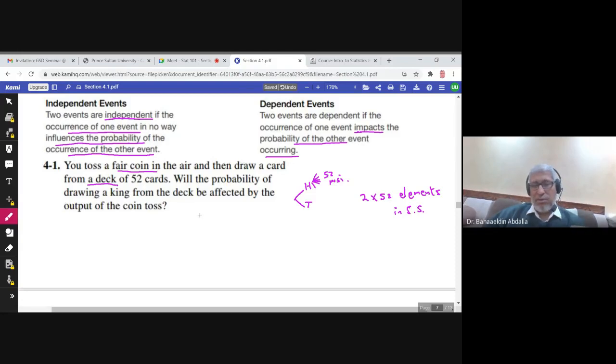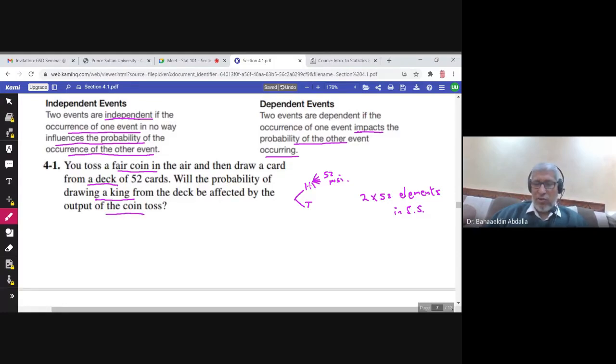The question is, will the probability of drawing a king from the deck be affected by the output of the coin toss? So we have two events now. The first one, drawing a king. The second one, the result of the coin toss.